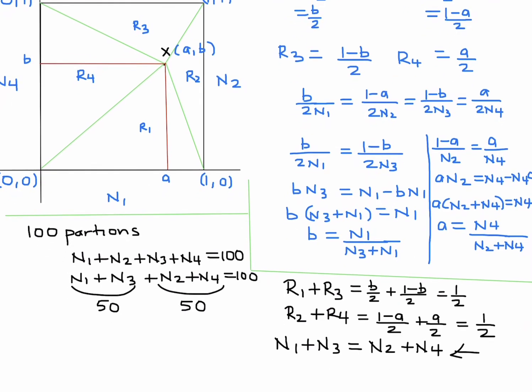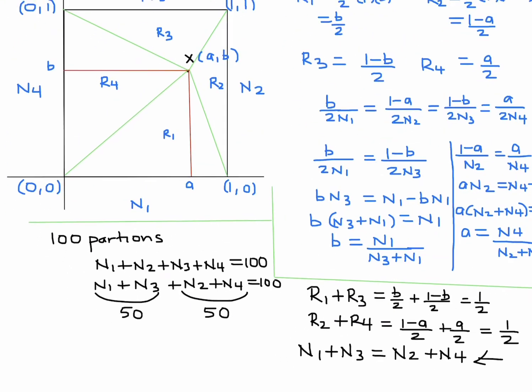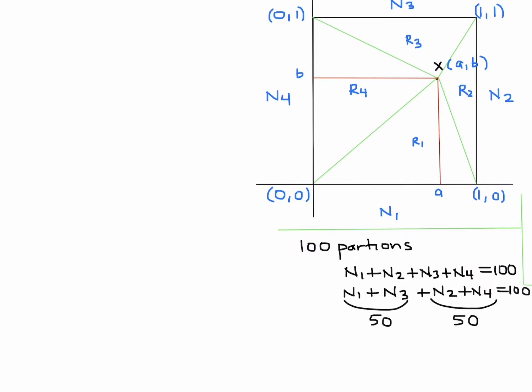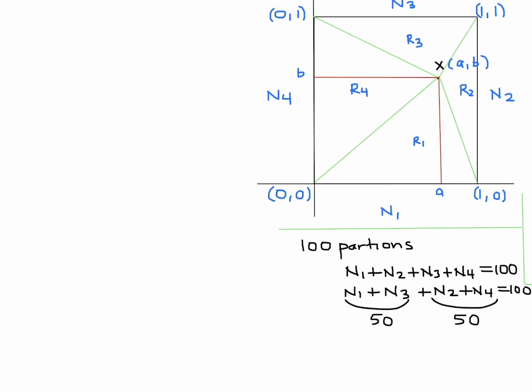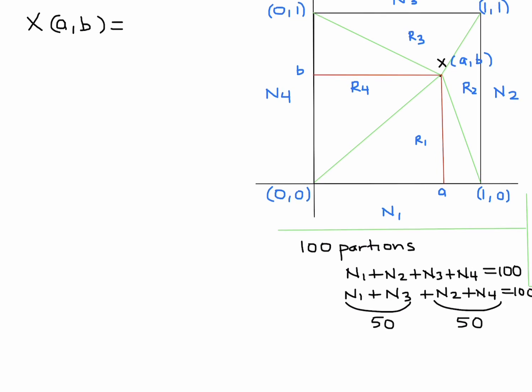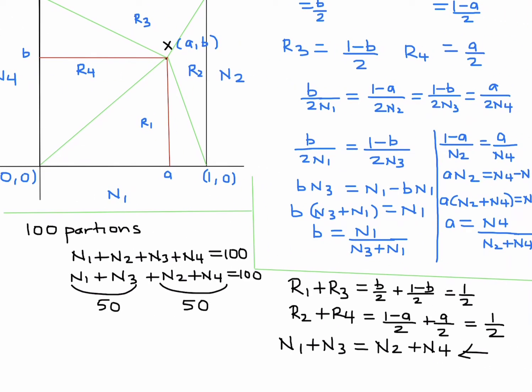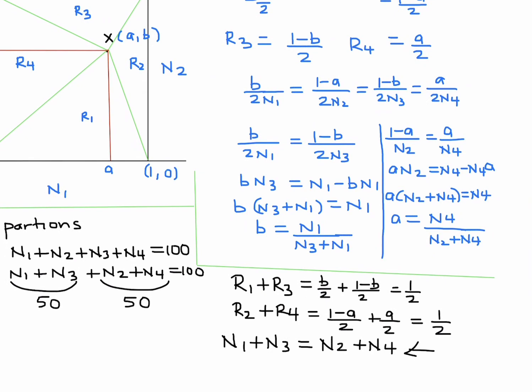Okay, so here we go. Let's keep that square in the diagram. So that means my x, which I had previously labeled as AB, and I had figured out that B is n1 over n3 plus n1.